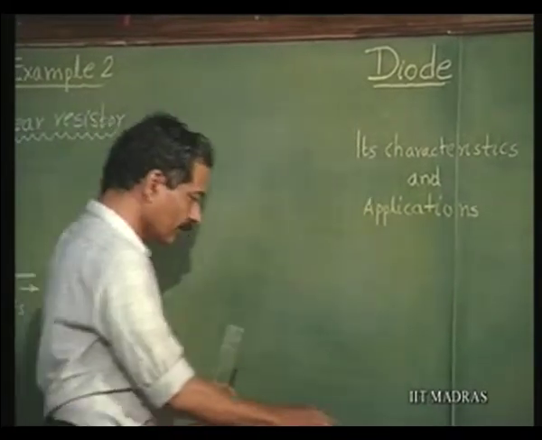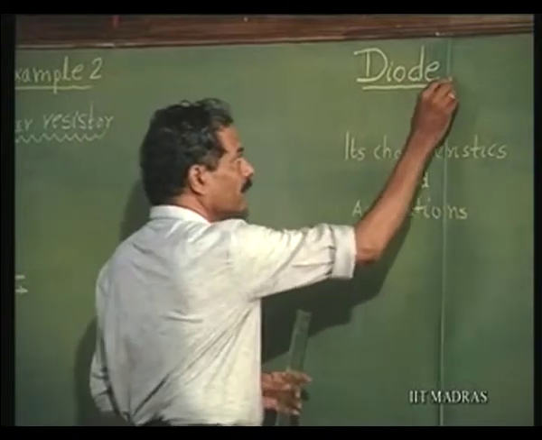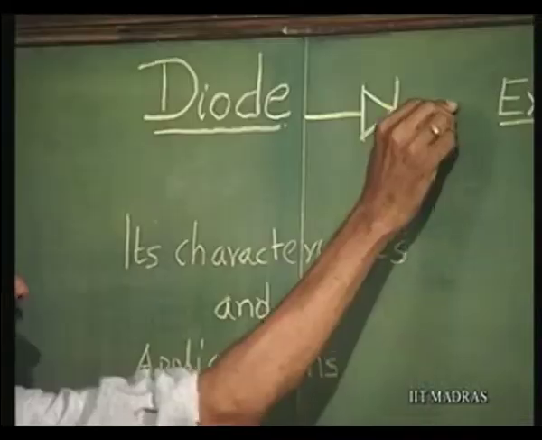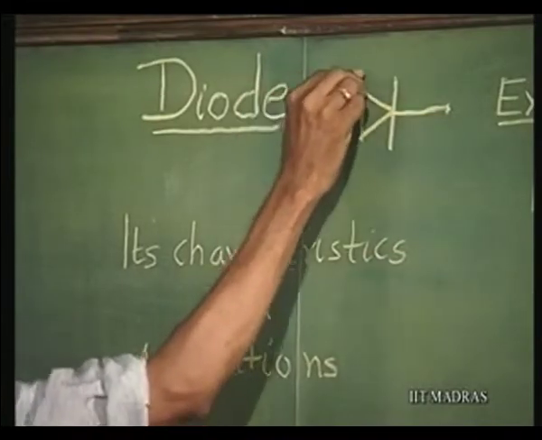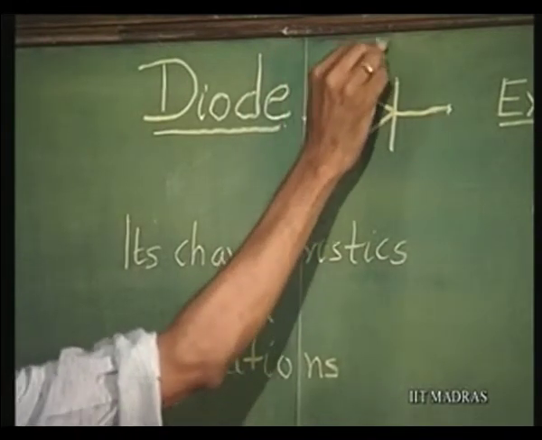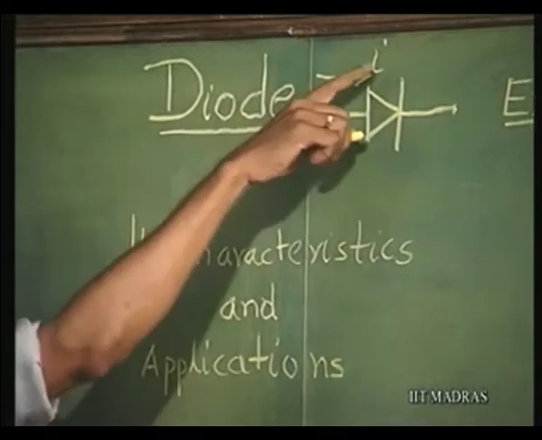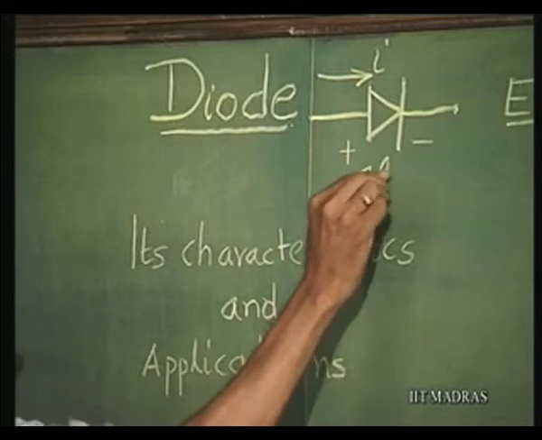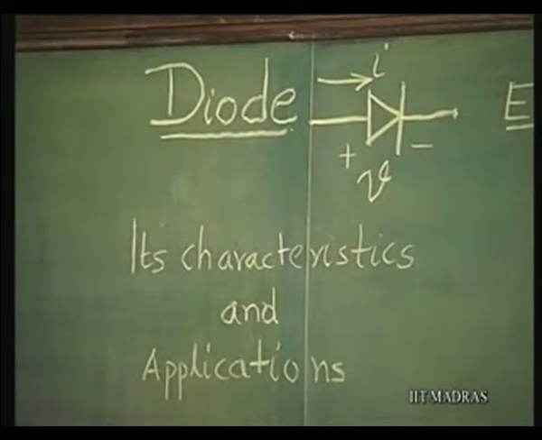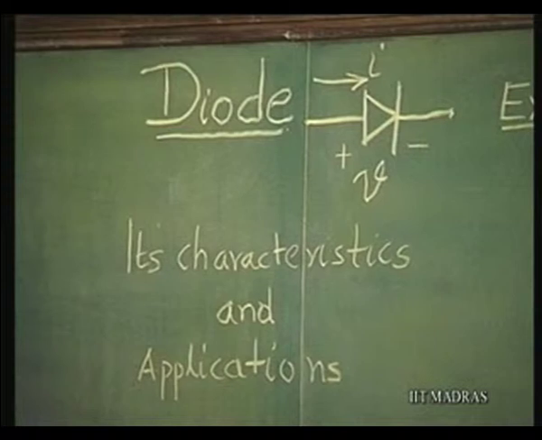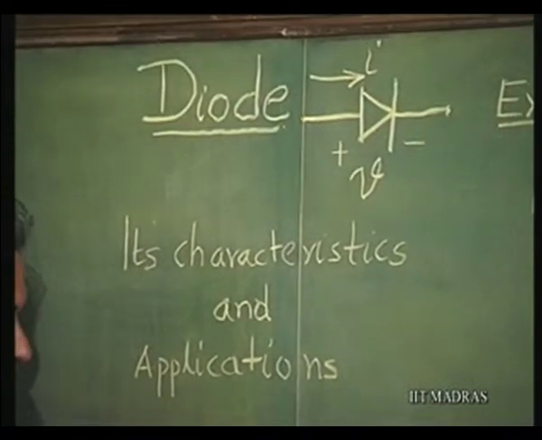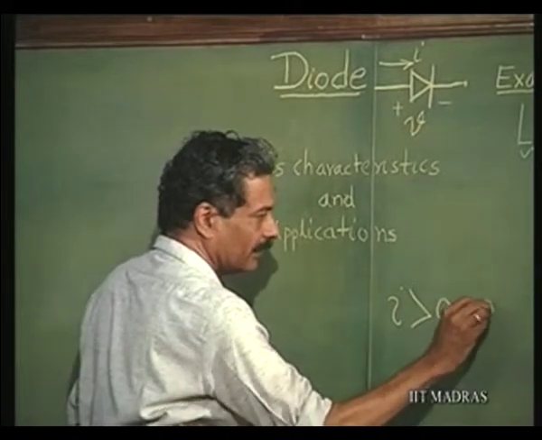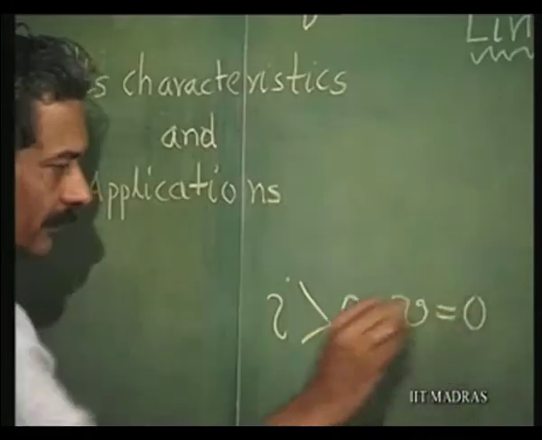So, the symbol for which we had already drawn earlier, which is nothing but this, and the current, if in the forward direction is I, the forward bias voltage here is called V. For this we set I greater than 0, V is equal to 0.